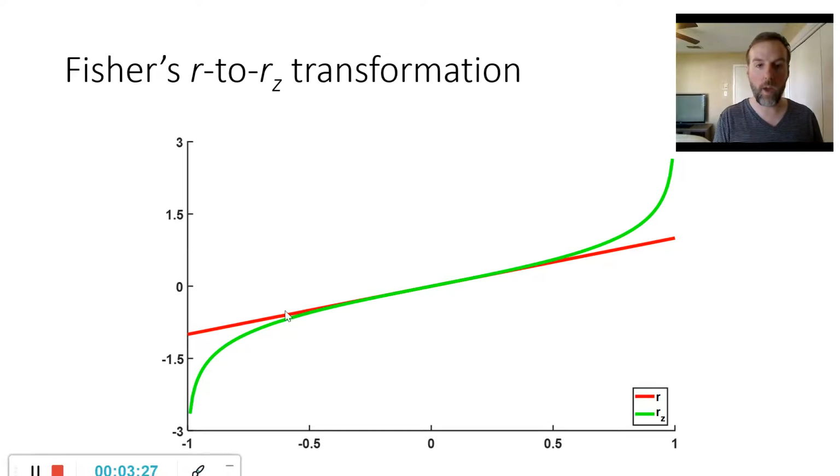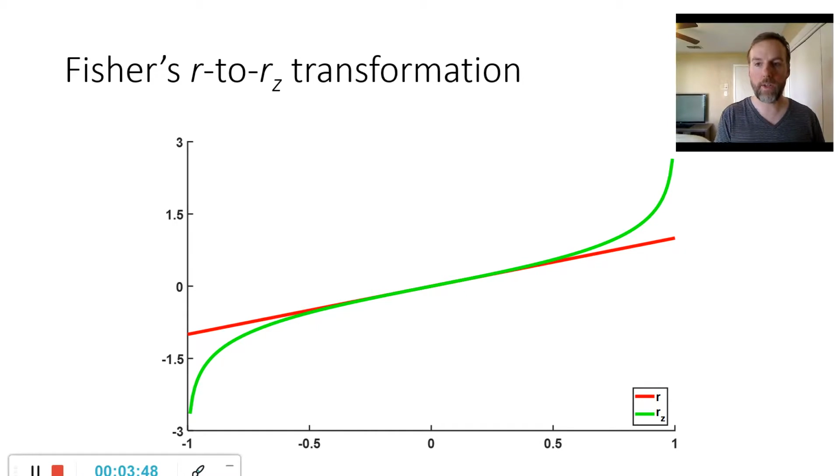And then after they're transformed with that formula we just saw, what happens is values around 0 are basically identical between r and r sub z, very little change. And even between -0.5 and 0.5, there's a visible difference, but pretty tiny changes.